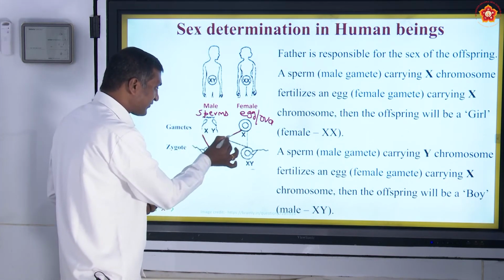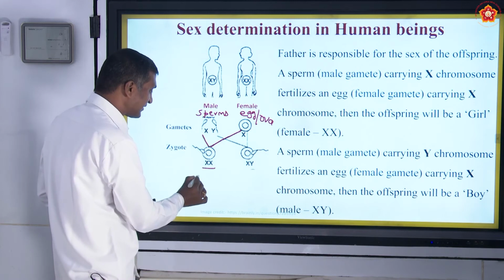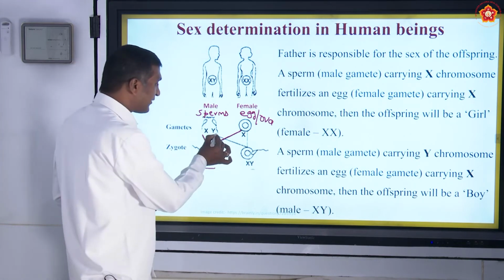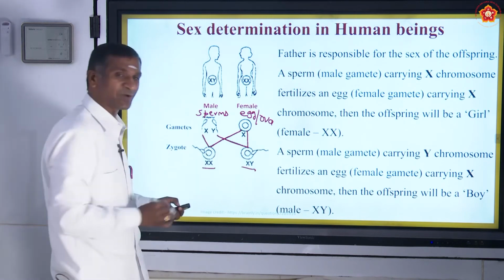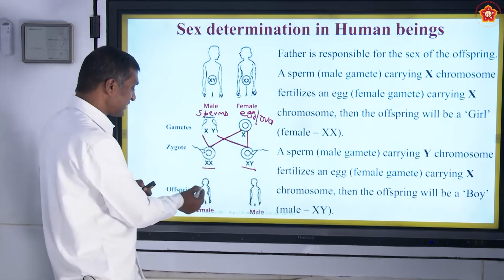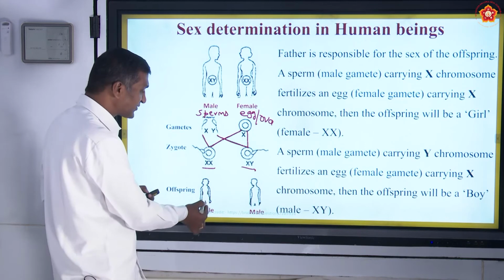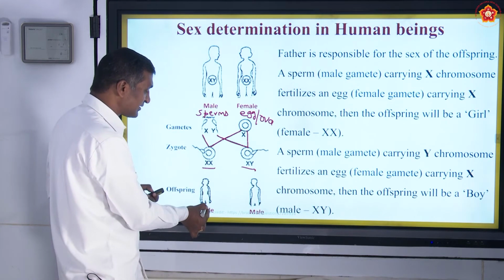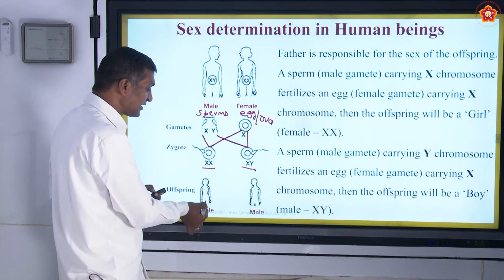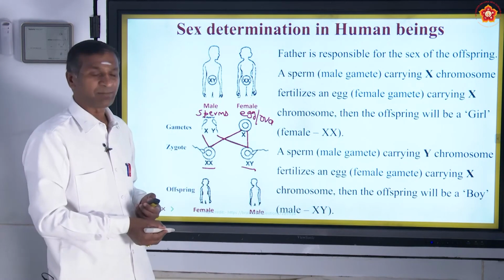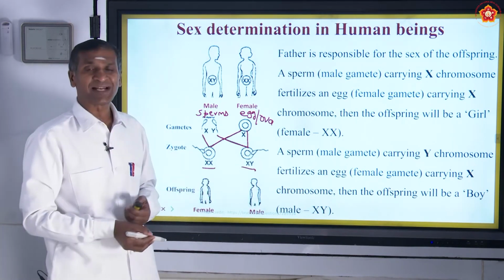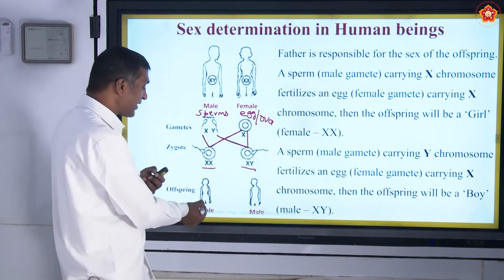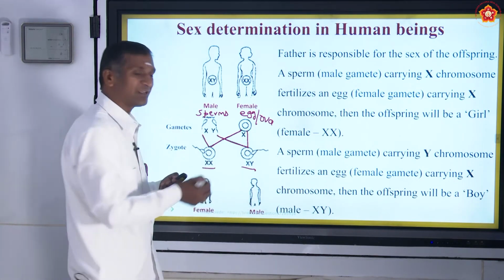X combining with X, we got XX, and Y if it is matured, combining with X we got XY. Then see the offspring, the born offspring. XX means the zygote is XX, then the born child will be female. If the zygote is XY, then the born child will be male, the girl baby or the boy child.